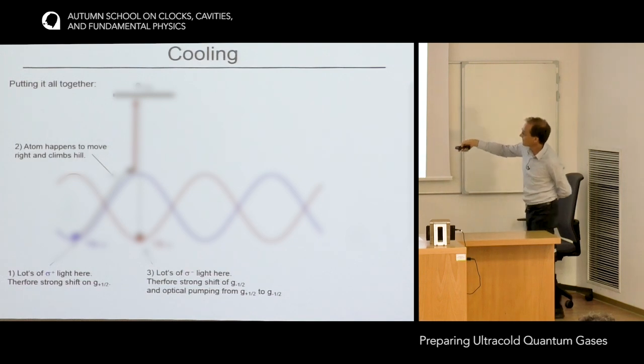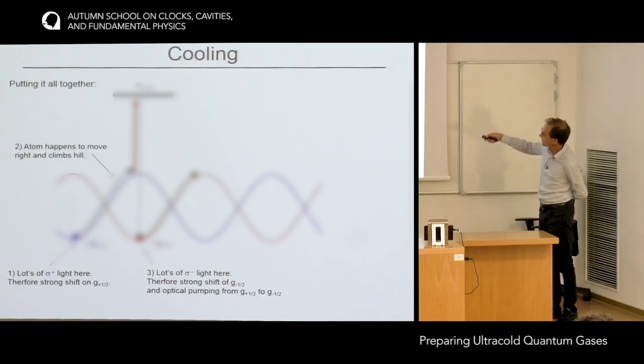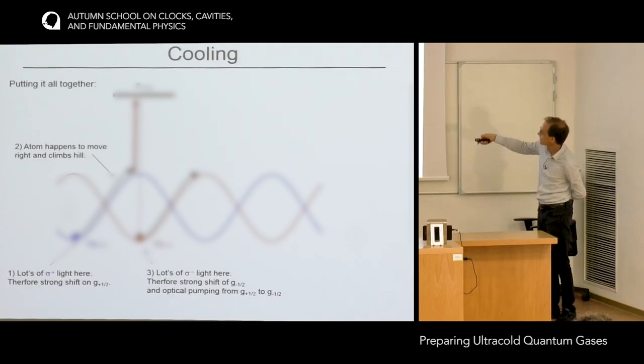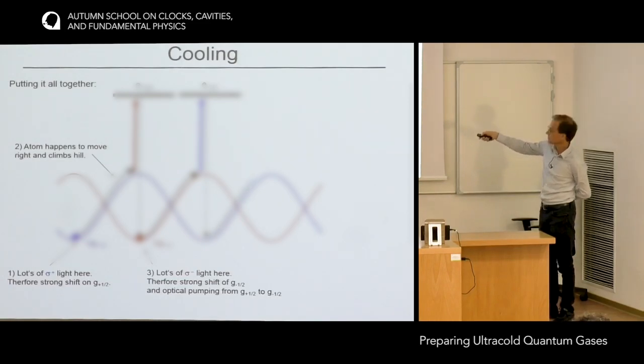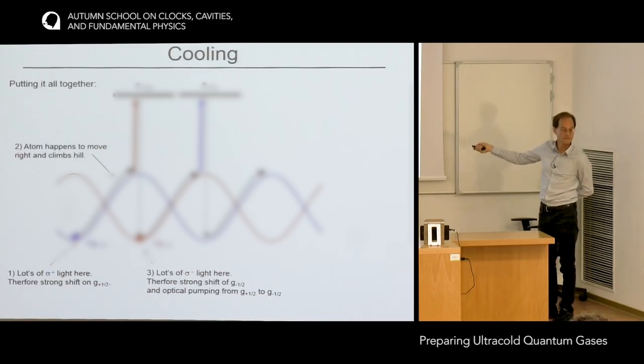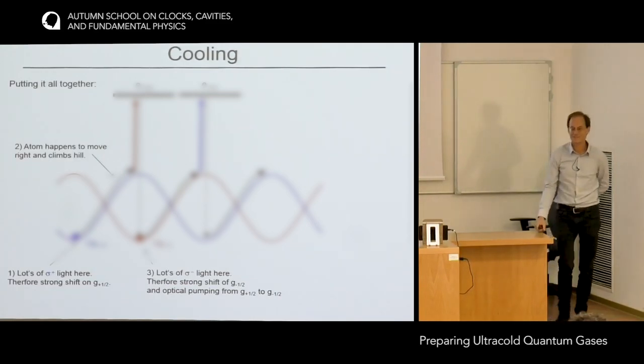And then the atom moves up the hill again. At that location, we have a lot of sigma plus light again, so it's pumped into the opposite direction and it moves up. Look what happened to the atom? It's much slower now. So this whole process here slowed the atoms down.